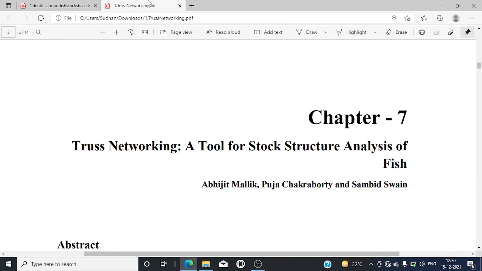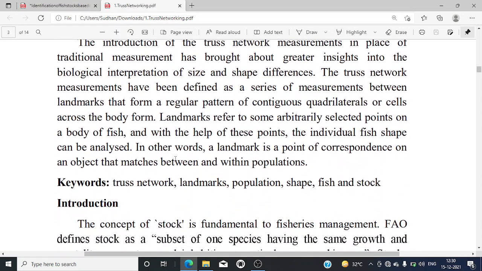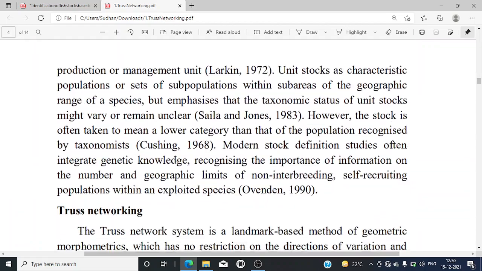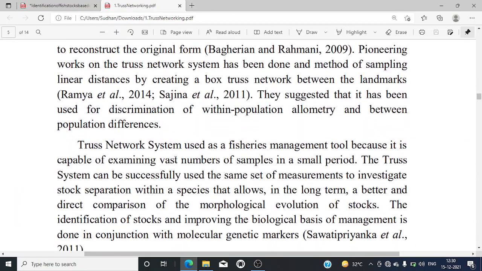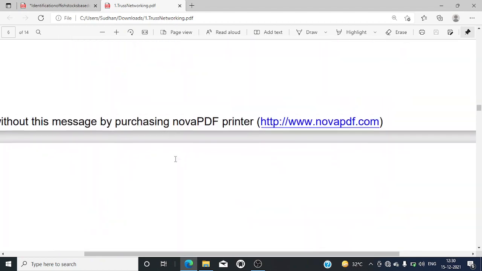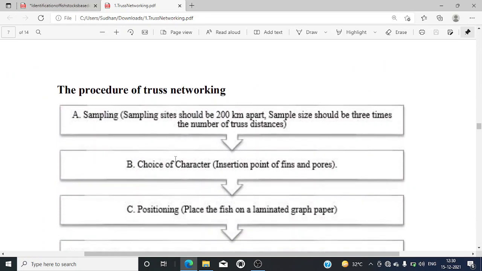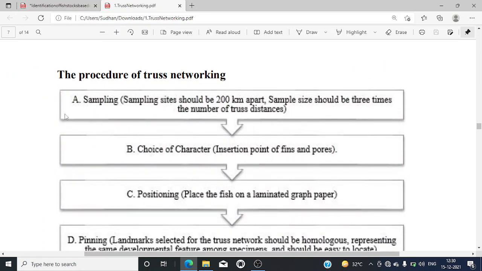The second paper is on truss networking, a tool for stock structure analysis of fish. In this paper, they have given a short procedure, or the simplest procedure, of how we can do it. The first one is the sampling site.